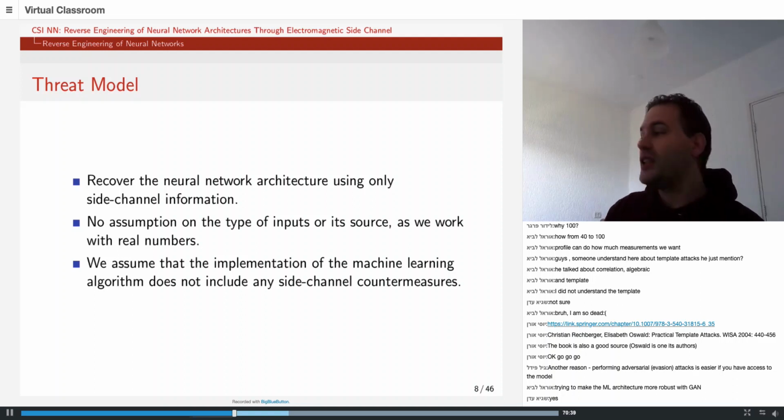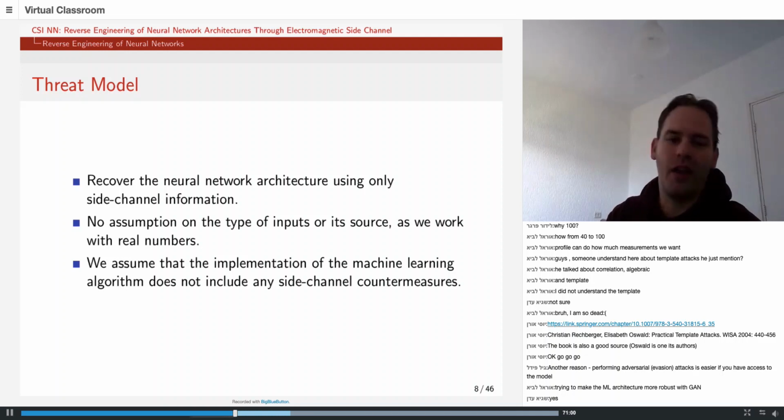What's our threat model? How do we do a side channel attack? Well, when you are doing a side channel attack, you first need to say what your threat model is. We will be using only side channel information, so no active attacks, no fault injection, nothing like that. We do not make any assumption on the input.